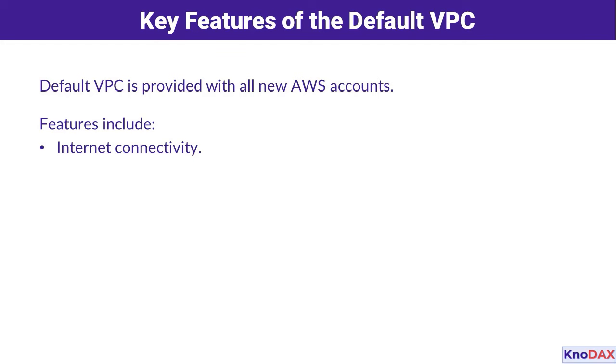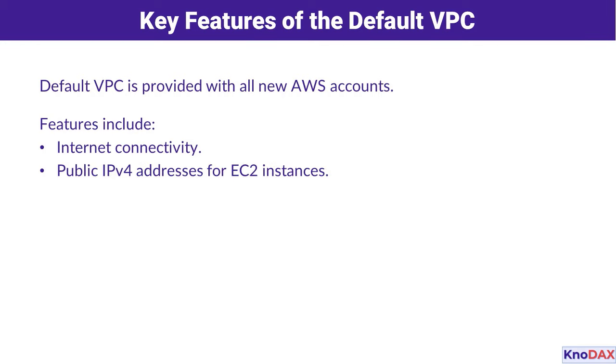Let's explore the key features of the Default VPC, a ready-to-use network environment provided by AWS for every new account. First, internet connectivity. The Default VPC comes pre-configured with an internet gateway, enabling all resources in public subnets to connect to the internet. Second, public IPv4 addresses.